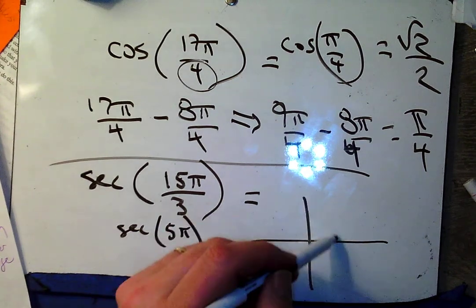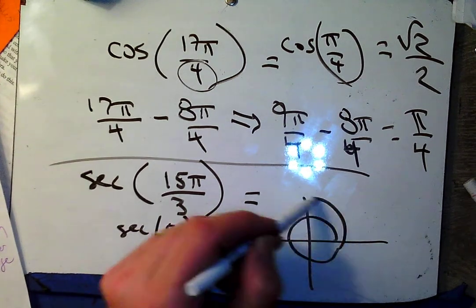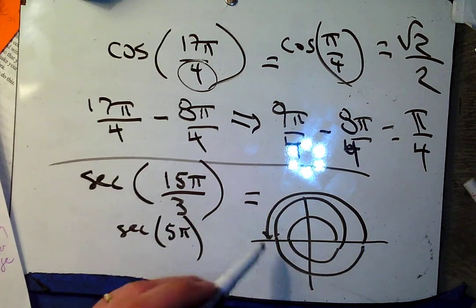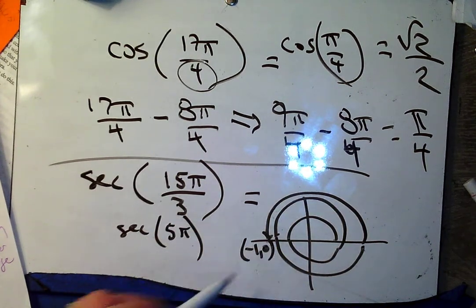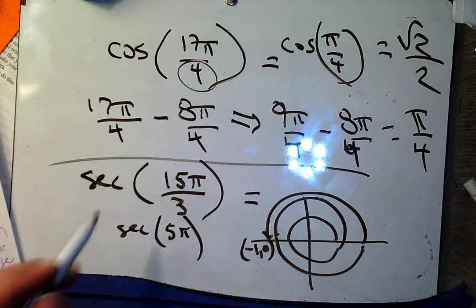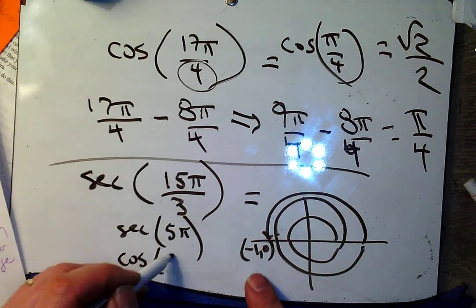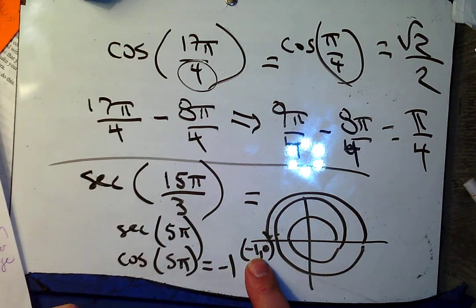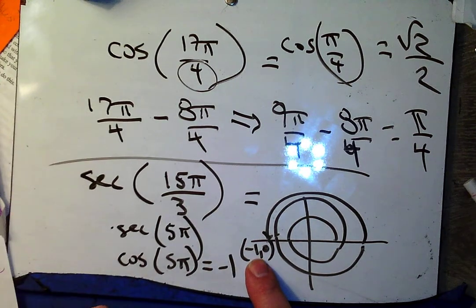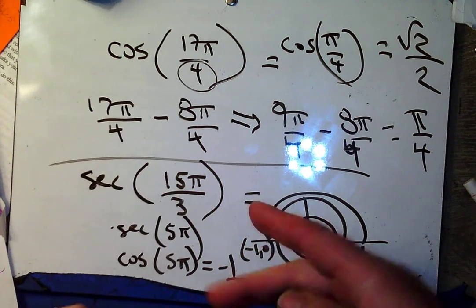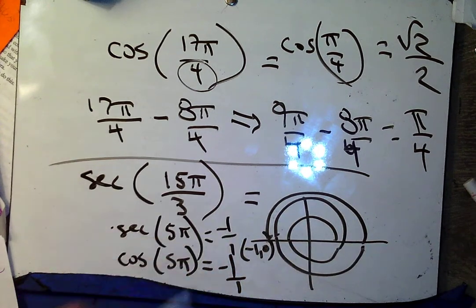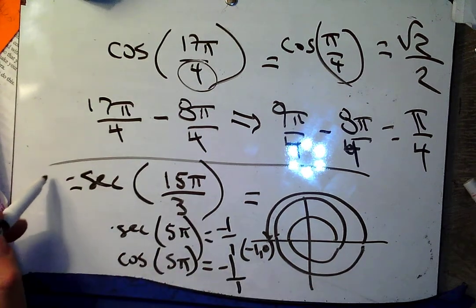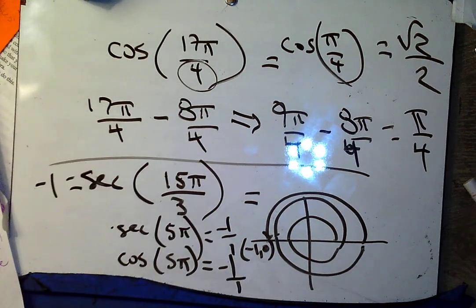Well, 1 pi, 2 pi, 3 pi, 4 pi, 5 pi. So here the ordered pair is negative 1, 0. I know that the cosine of 5 pi would be that x value. Secant is the reciprocal of this. So flip, and guess what? Same, negative 1. The secant of 15 pi over 3 is negative 1.